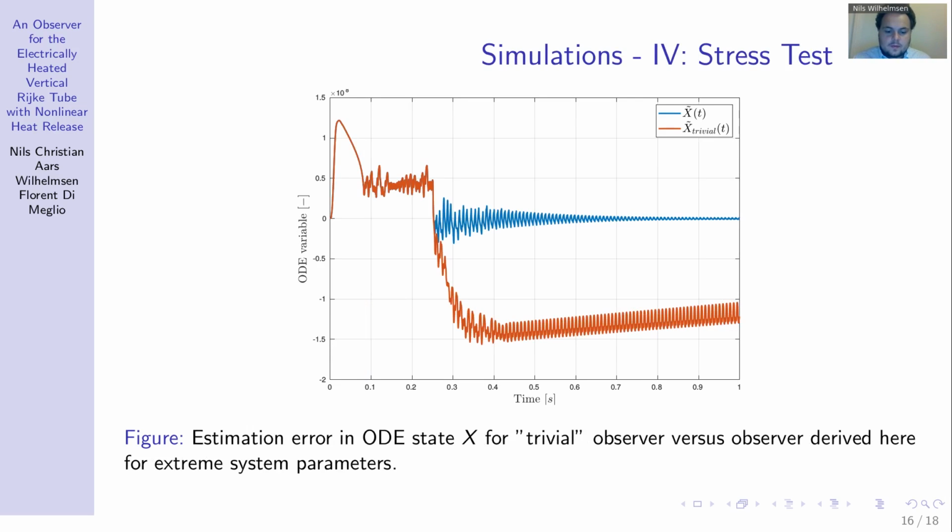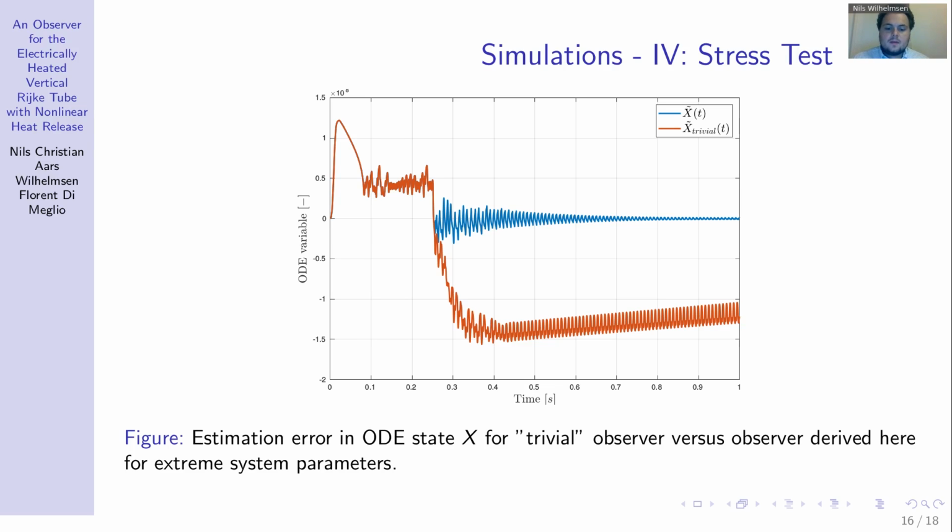Lastly, a plot of the estimation error in the ODE state of the observers when extreme parameters are applied is shown here. For this simulation, we experienced some numerical errors with the observer using backstepping gains, so it could not be shown in the plot. The parameters were chosen to give an example of a case where the possibly unstable feedback loop in the trivial observer, which was highlighted earlier, would come into action.